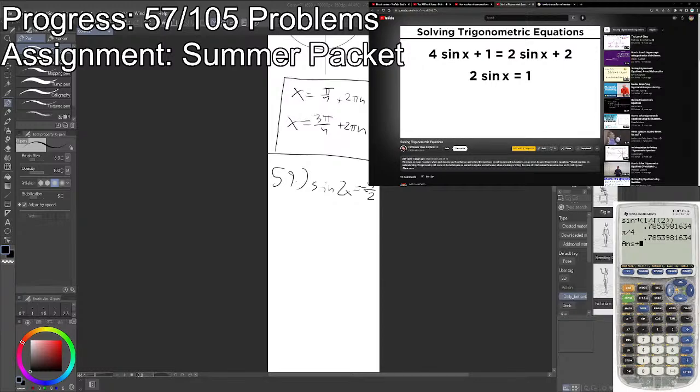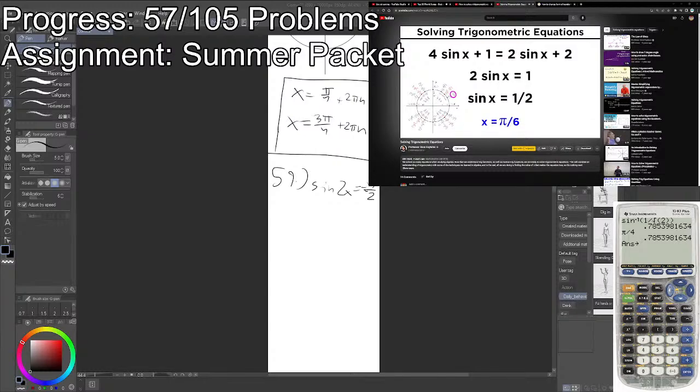That gives us 2 sine x equals 1. Divide by 2, and sine x equals 1/2. Now to solve for x, we can definitely take the inverse sine of 1/2, or we can picture the unit circle and recall that pi over 6 has a sine value of 1/2.